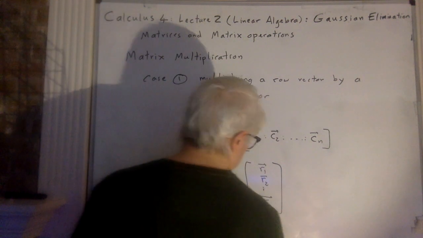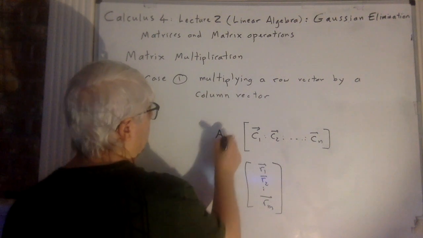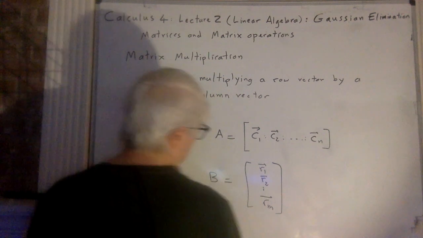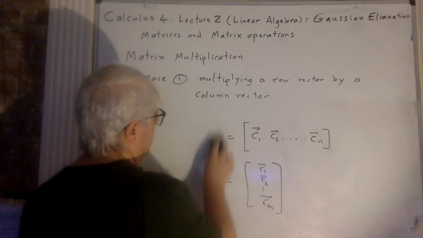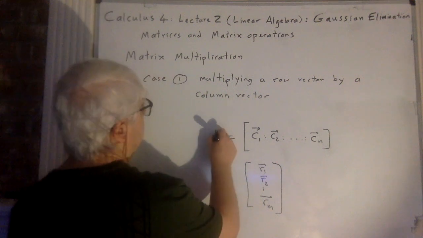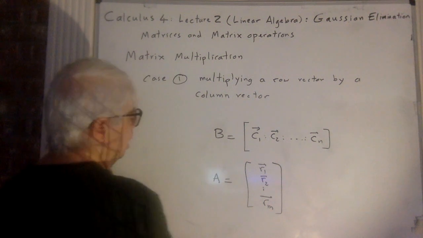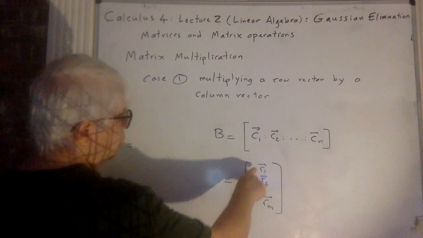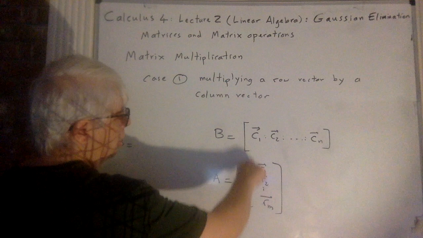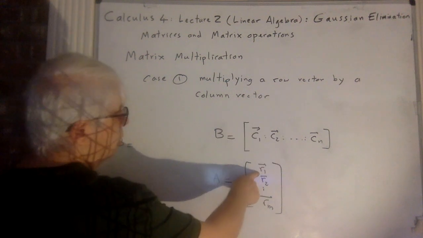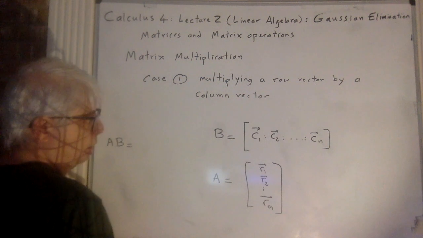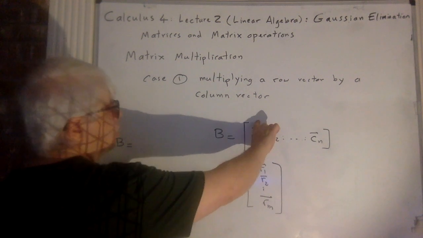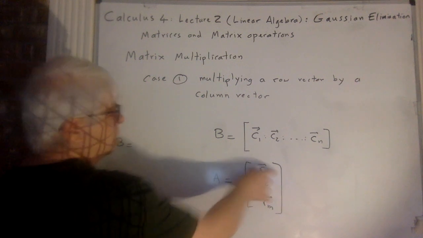So if this is, say, A, and this is like B, and let me see which one is multiplied by. So let's say this is B, and this is A. And I want to multiply A and B the same way. So I multiply this by this, and this by this. I multiply this by each one of them. And if I have to multiply this by each one of them, then this should have the same dimension as this. The dimension of this is, say, n.